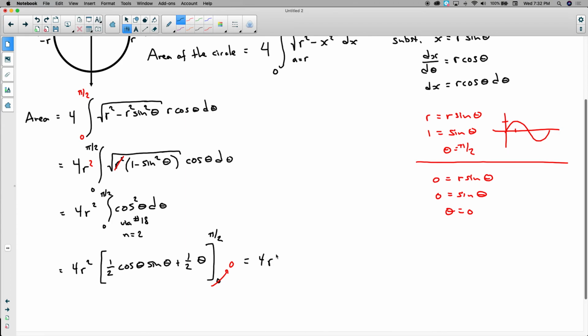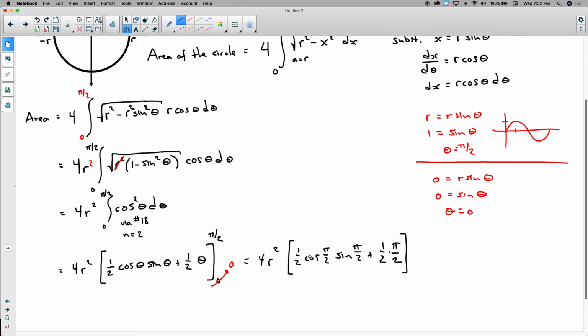I've got 4r squared times 1/2 of cosine pi over 2 times sine pi over 2 plus 1/2 times pi over 2. And the cosine of pi over 2 is 0.